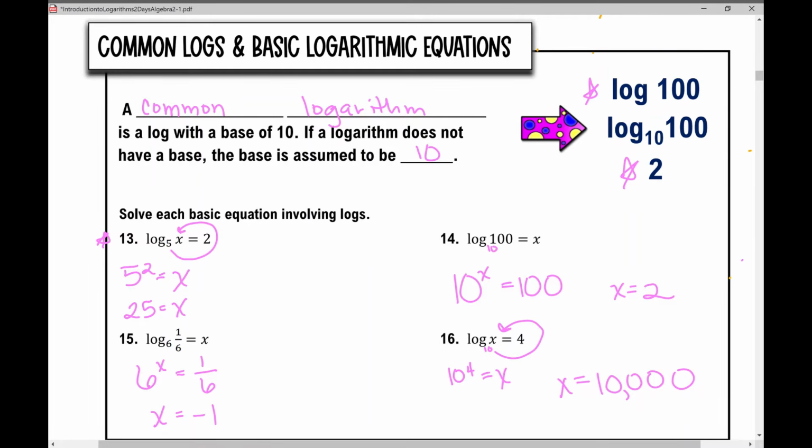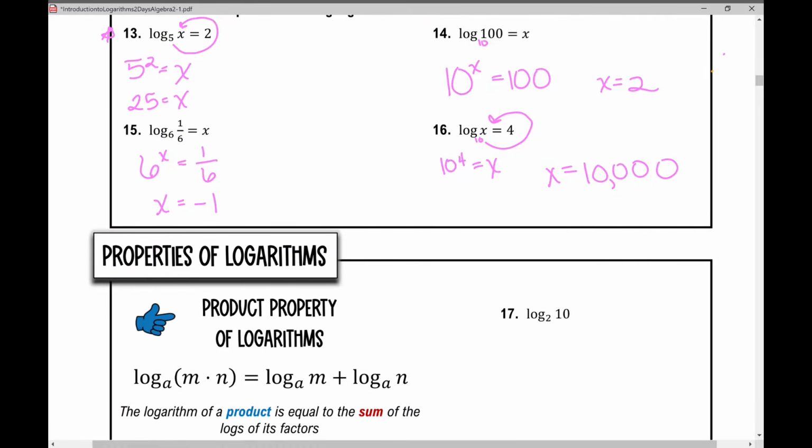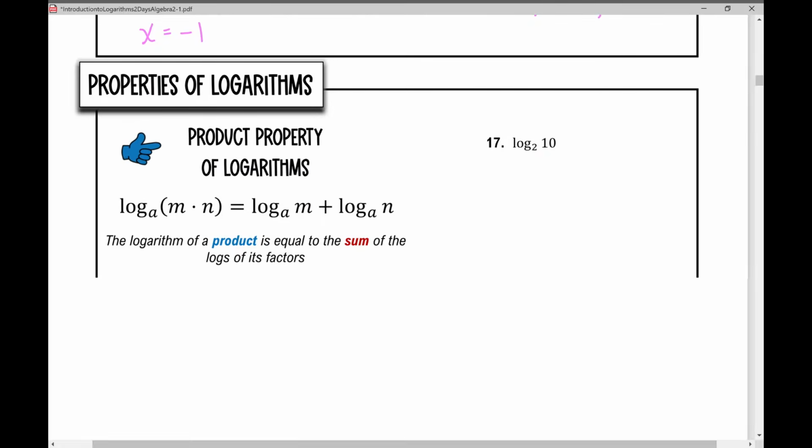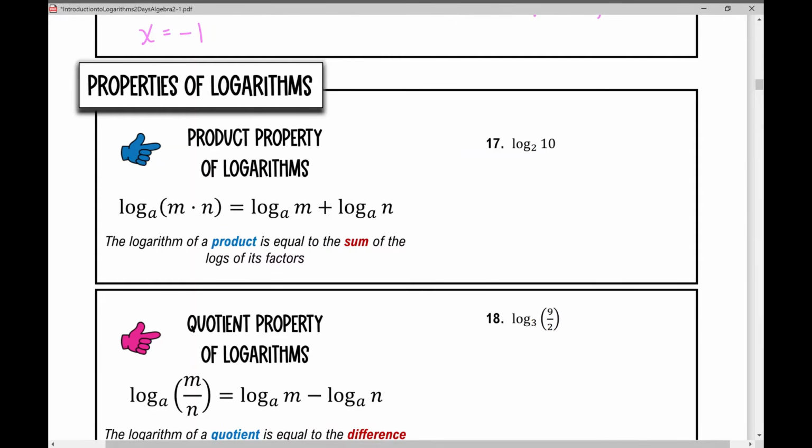Let's move on to the properties of logarithms. The properties of logarithms are derived from the properties of exponents. So when you see these properties, you might say, hey, that looks like the product property of exponentials. But the product property of logarithms, the quotient property of logarithms, and so on, you might just see some similarities.